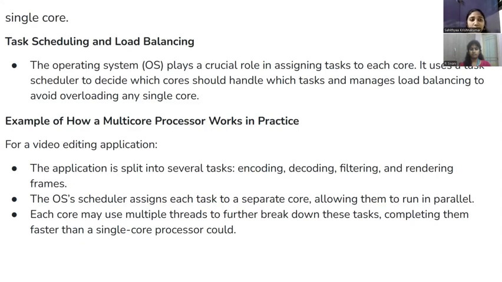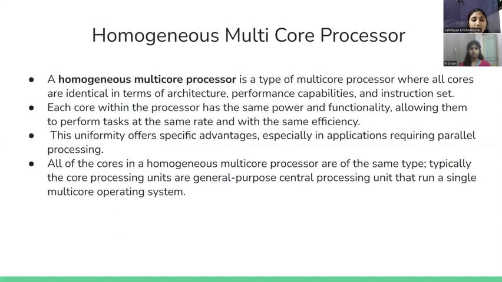Now let's look into homogeneous multiprocessors. A homogeneous multi-core processor is a type of multi-core processor where each core is identical in terms of architecture, performance capabilities, and instruction set. This means that every core within the processor has the same processing power, functionality, and capability to perform tasks at the same speed and efficiency.